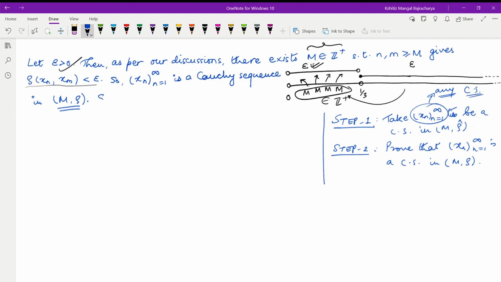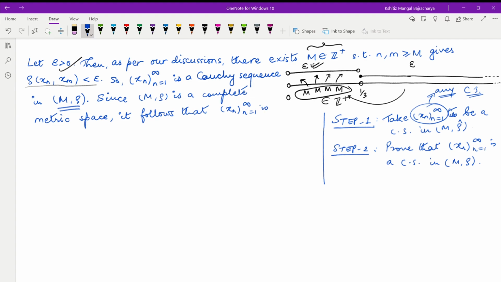Now due to completeness, since M rho is a complete metric space, it follows that x_n is convergent, because in a complete metric space any given Cauchy sequence is convergent. Let the sequence x_n converge to x.